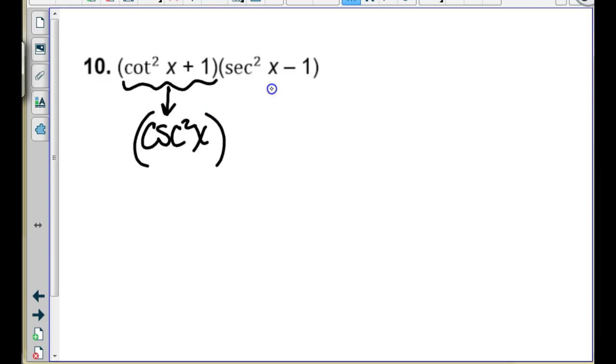Okay, what is a secant squared minus 1? Well, on your sheet it says 1 plus tangent squared equals secant squared. So if I subtract this 1 over here so that it looks like this, what is secant squared minus 1?